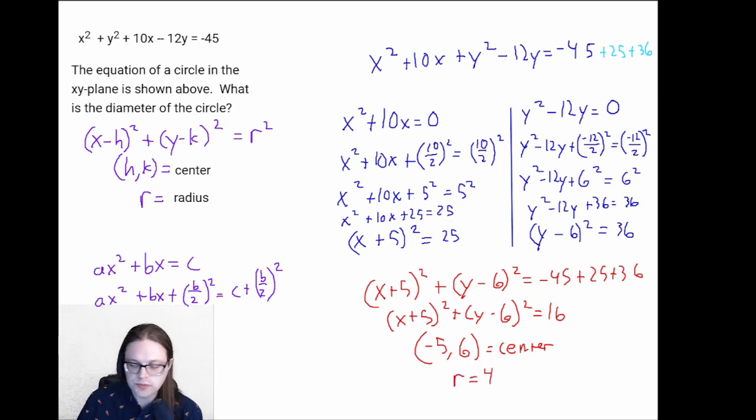Now, if this was on the test, I guarantee you one of the multiple choice answers would be 4. Even though we did all of our math right here, if we chose 4, we would be wrong. We have to double check what question they're asking us at the very end. Sneaky, they're asking us for the diameter. Diameter is twice the radius, so our diameter would be 8.